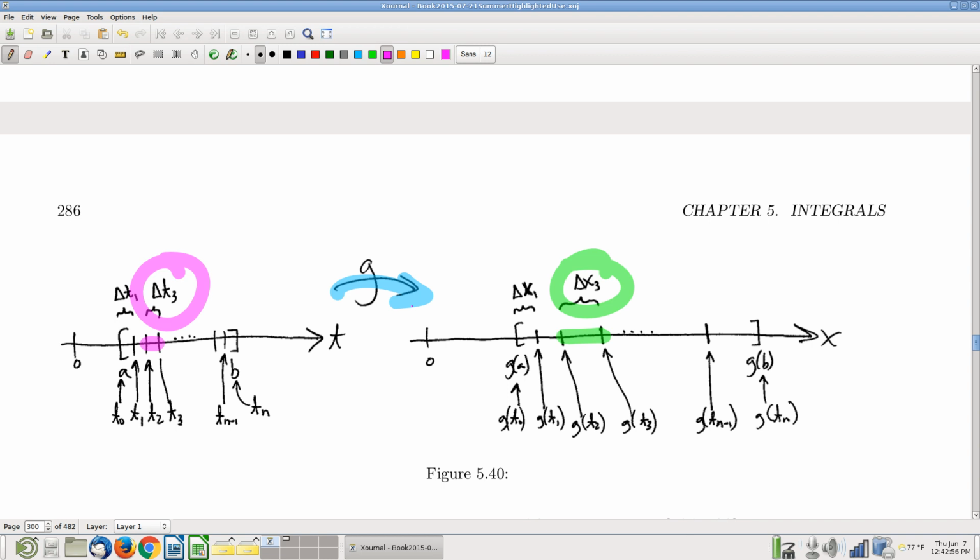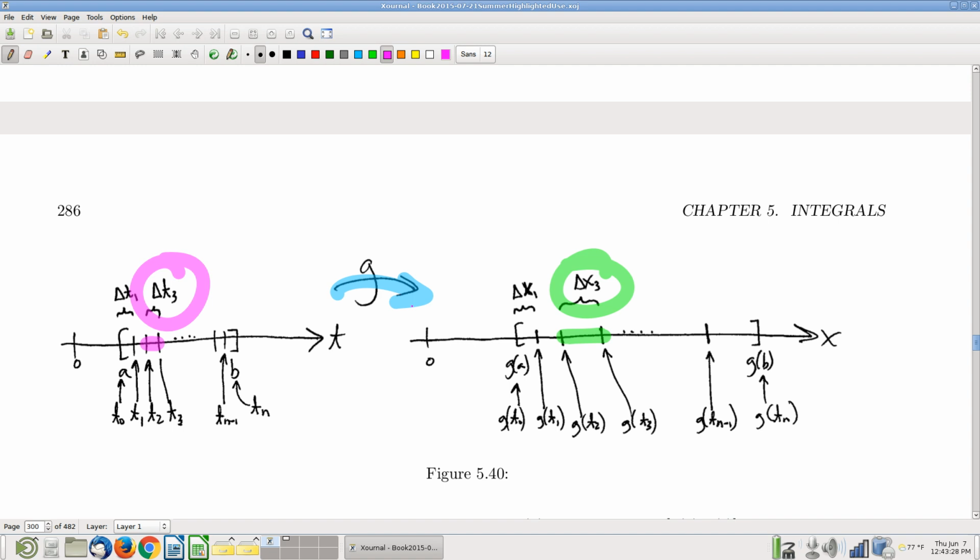This is an application of derivatives. If I want to know the size of this as it relates to the size of this, let me just observe that each one of these sizes I can think of as a change. So what I'm asking here, by what factor is this bigger than that? Another way to say that is, by what factor does a change in the input relate to the corresponding change in the output?